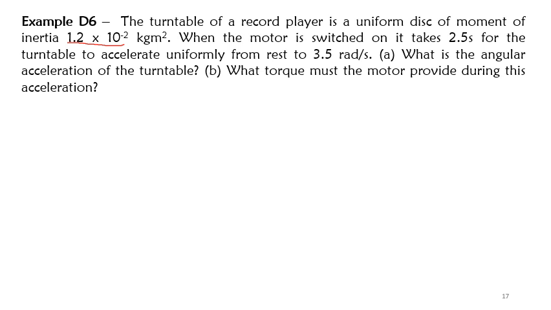It takes 2.5 seconds for the turntable to accelerate uniformly from rest, meaning omega I is 0, to 3.5 radian per second, which is omega F. It takes 2.5 seconds for the angular velocity to increase from 0 to 3.5 radian per second.